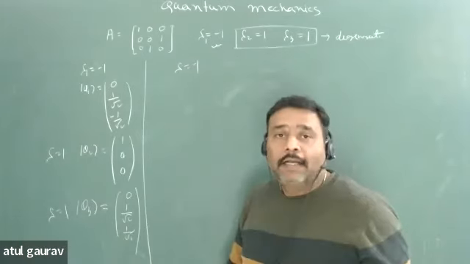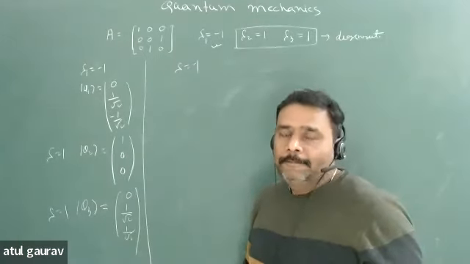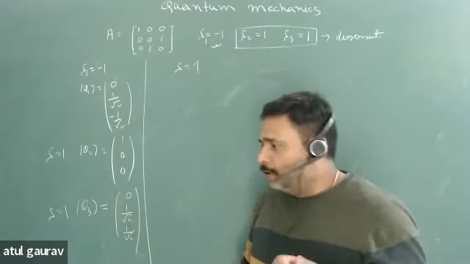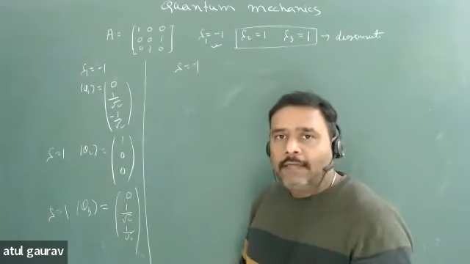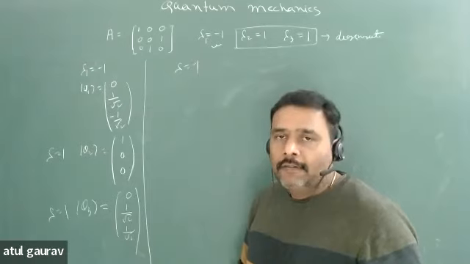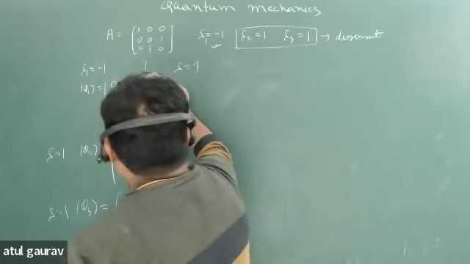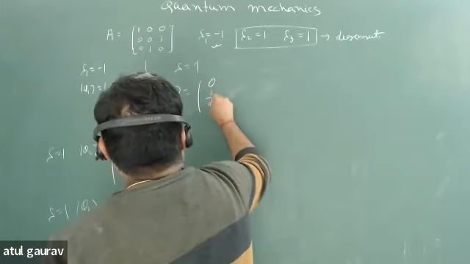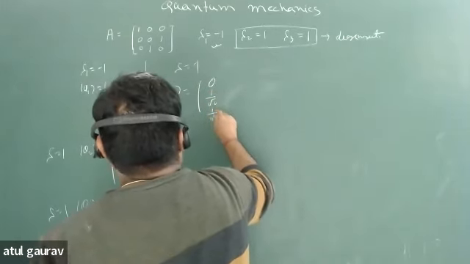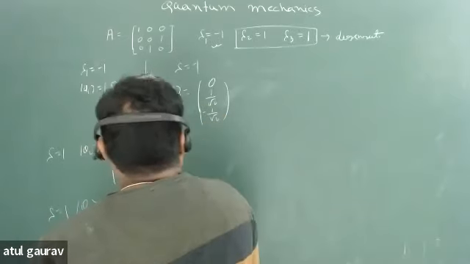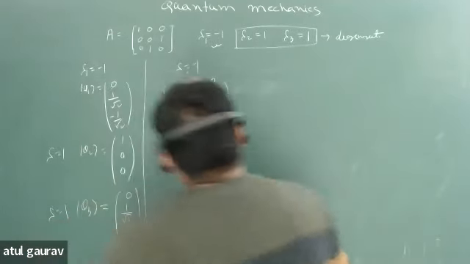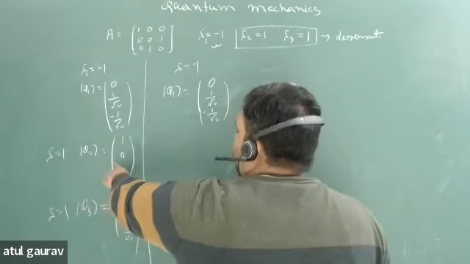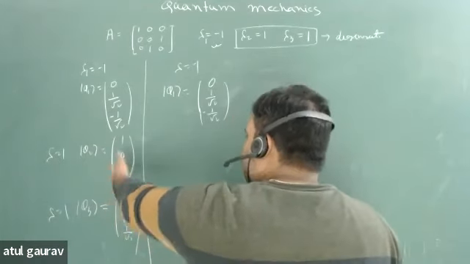Same vector, because they are non-degenerate, isn't it? For non-degenerate, you will always get the same vector. So you will get phi 1 exactly the same, 0, 1 by root 2 and minus 1 by root 2.